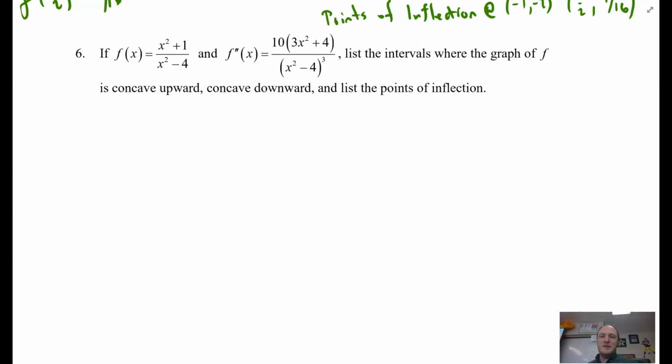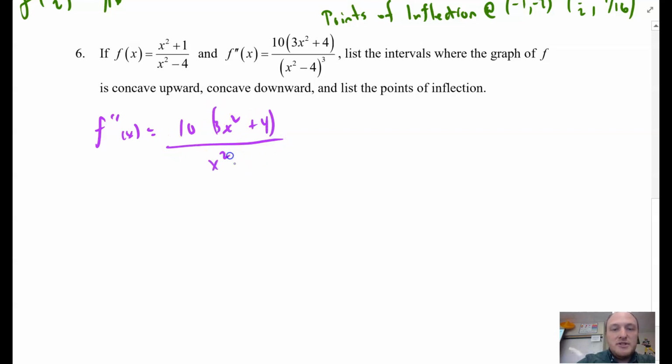Okay. So if those are the functions, list intervals where it's concave up, concave down, and list the points of inflection. They already gave us our f double prime. They said f double prime is this function, and that's nice, because then we don't have to do anything. It's already given to us, x squared minus 4 cubed. I want to know where this function is equal to 0. I want to find the critical values, and I can do some sign analysis.